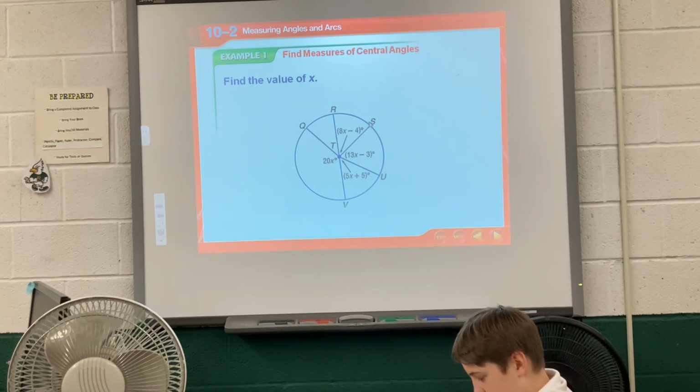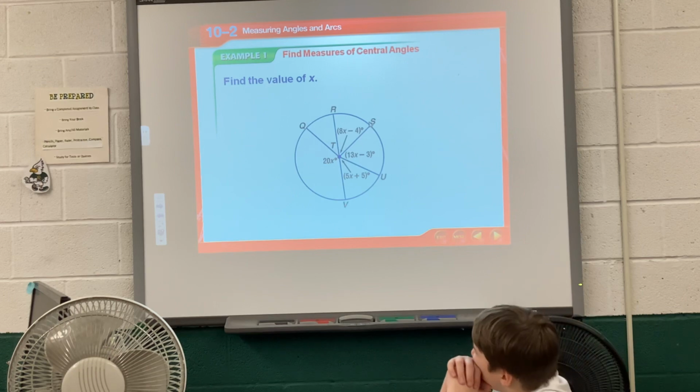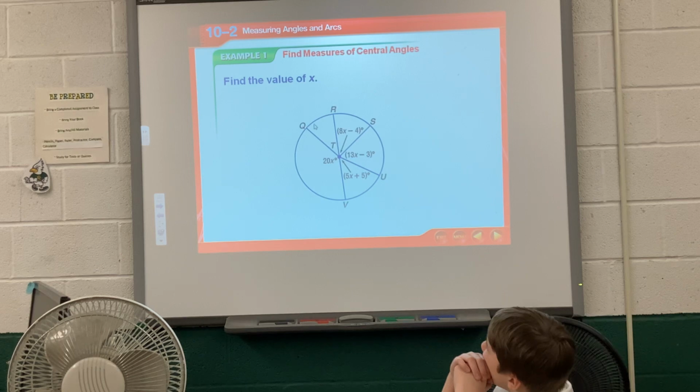Because if I was looking at QTV, the other side of it, okay? So when I say QTV, you see QTV over here, right? You're looking at this one, but let's say QTV on this side. If I'm looking at this arc right here, then I know that's a major arc.